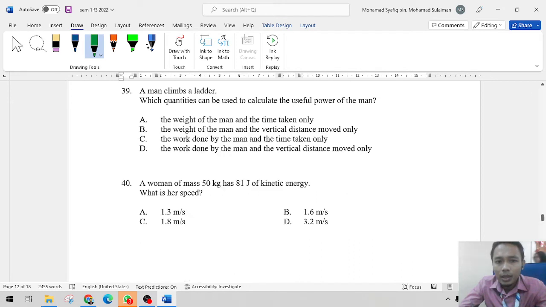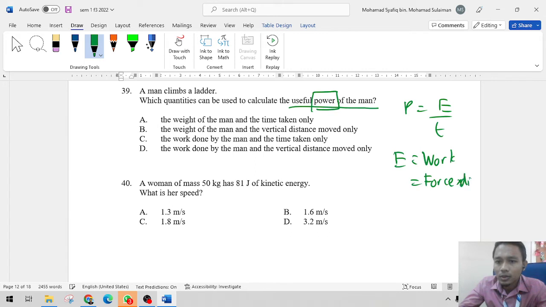So man climbs a ladder. Calculate useful power of the man. Okay, so we need to find power. Power is equal to energy over time. Okay, energy or work is force times distance.